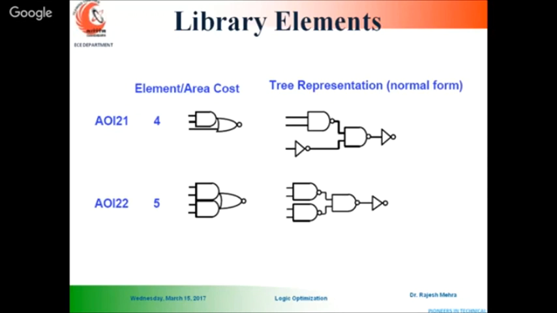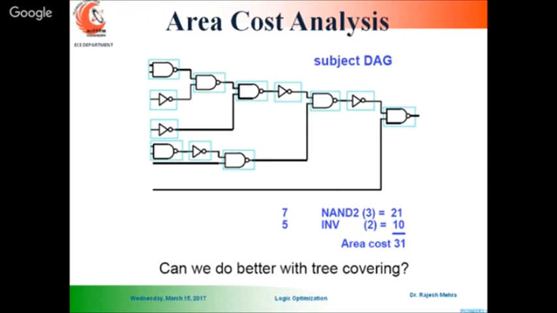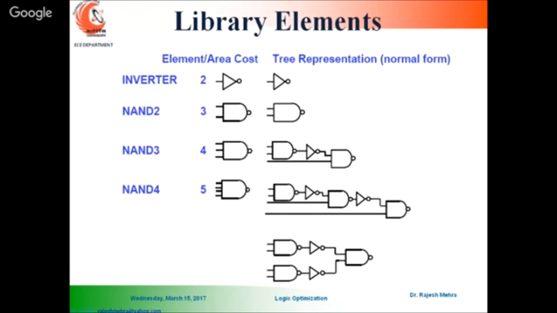Along with this, here you can see that the element or area cost is also mentioned. These are the numbers. For the inverter, it is 2, right? For the 2 input NAND gate, the cost is 3. As I told you, your optimization will depend upon cost. You have to select the resources in order to reduce the cost, so you should have that idea also, meaning what the cost is.